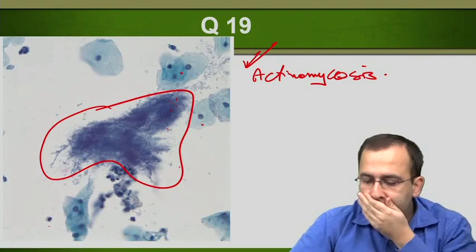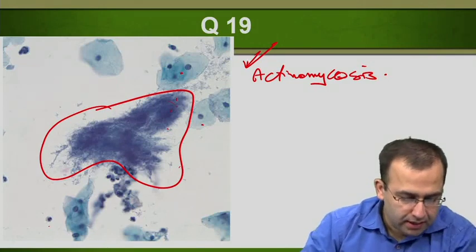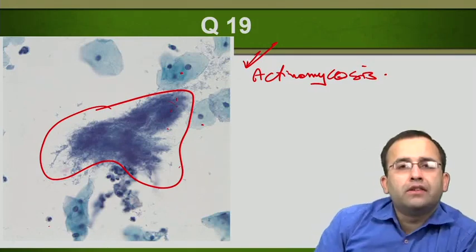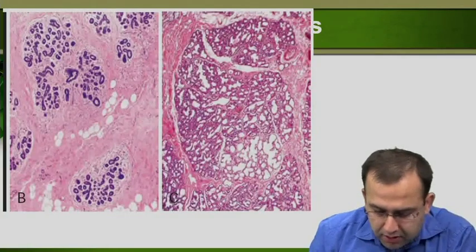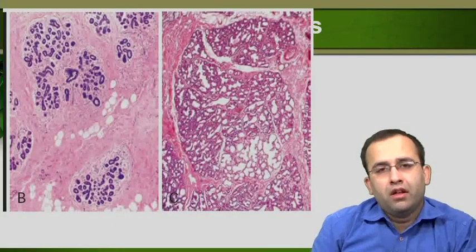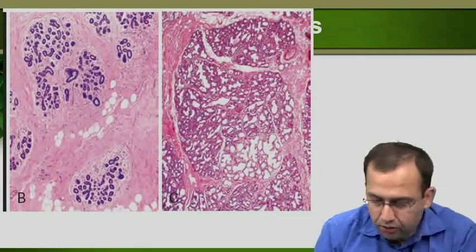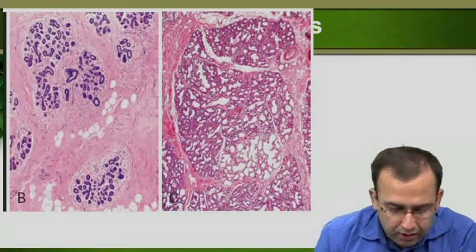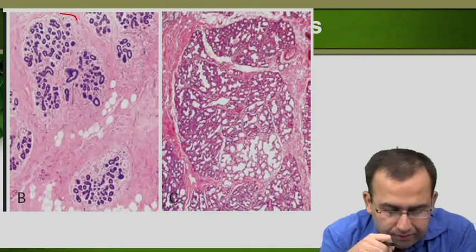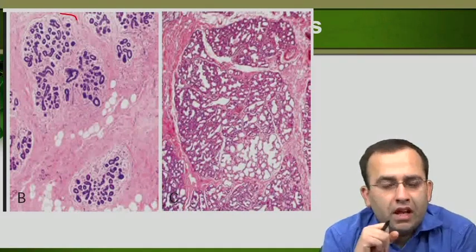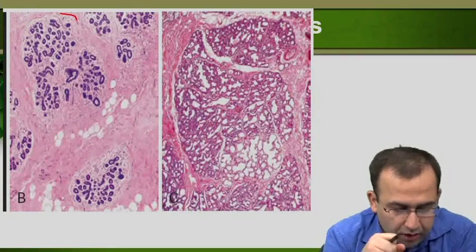Okay. So this starts us with our next slide, that is diagnosis. The minute you see this slide, what are you able to make out, organ? I want you only to tell me organ.